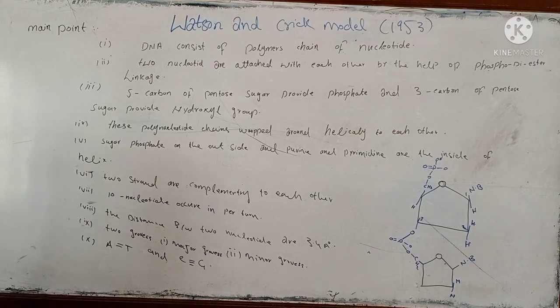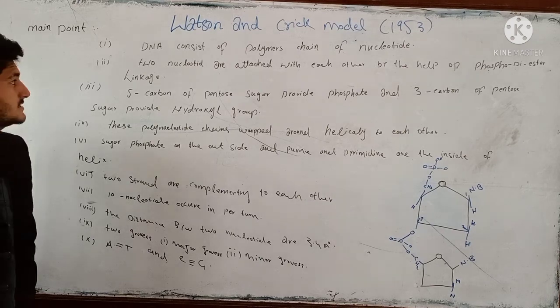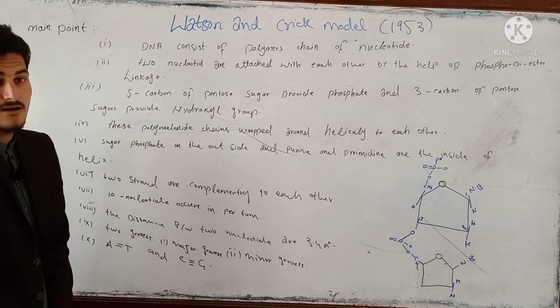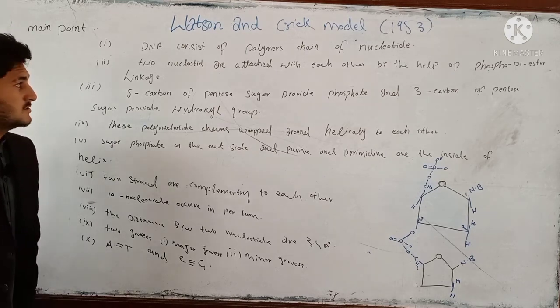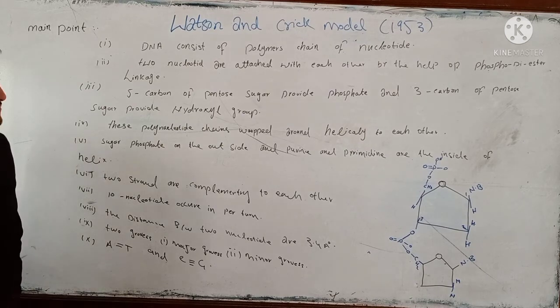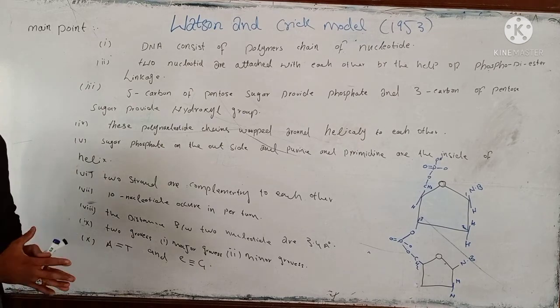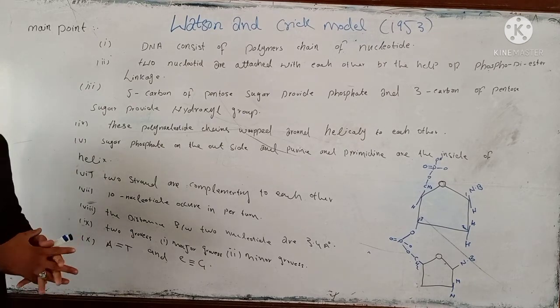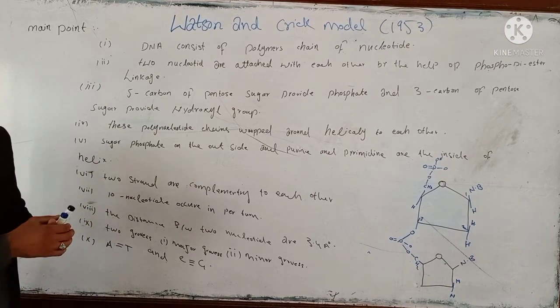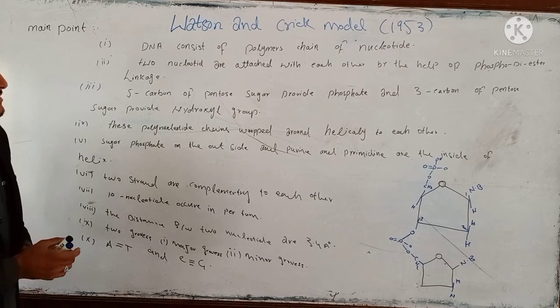The first point of Watson and Crick is that DNA consists of a polymer chain of nucleotides. What is meant by polymer? We know that when small molecules or monomer units combine with each other, they form a polymer.